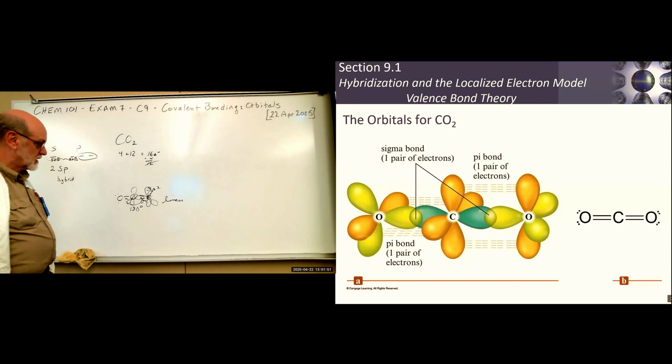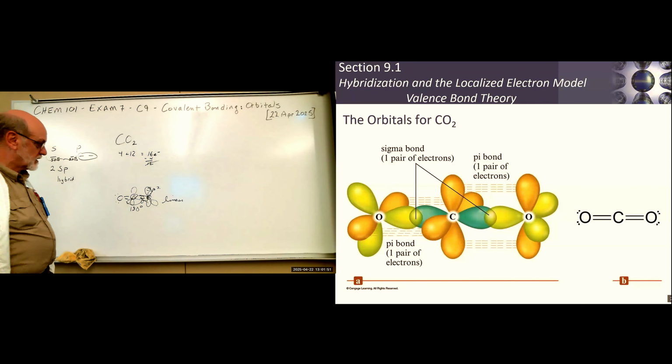Okay, so it can get complicated, but really hybridization is not that complex if you break it down into pieces. So what we've got is hybridization for both oxygen and carbon, and the pi bonds are overlapping unused p orbitals.